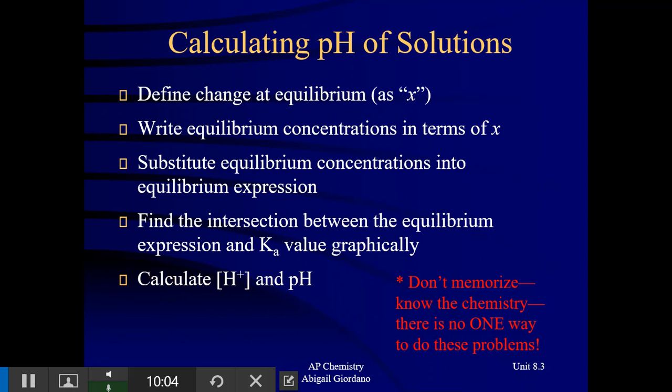But here's the thing, ladies and gentlemen, and this is not going to be good news for some of you. Every acid-base problem is different. Every single one is unique. You can't memorize a way. You can't say, oh, this is this type, this is this type, because there are too many types. You have to understand the chemistry. And I understand that that is not an easy thing to do.